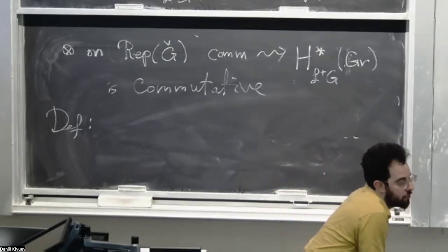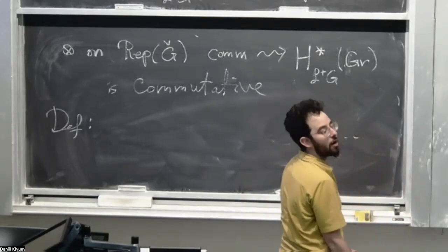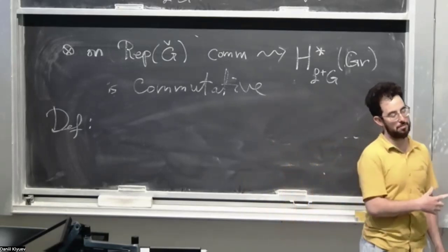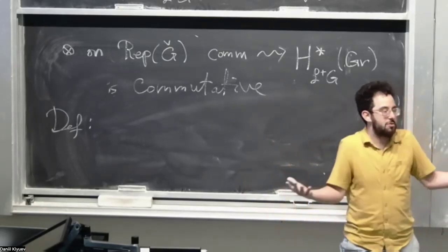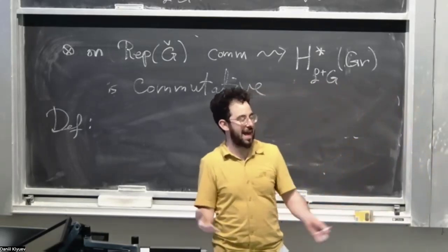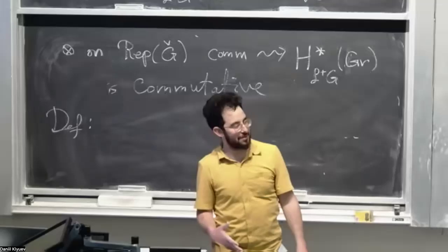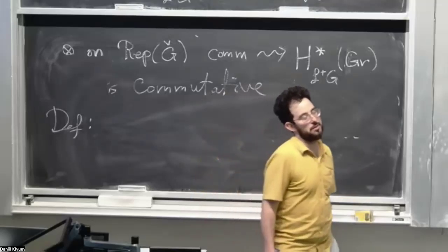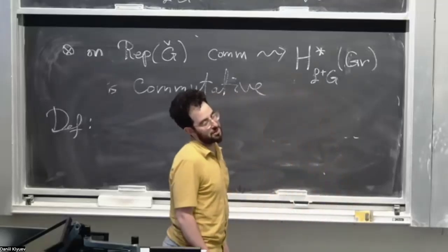The definition of the constant sheaf is push-forward, pullback from a point. If you define your pullback for each thing as taking a colimit over everything, then it will be automatic. And if not, then you will have to.